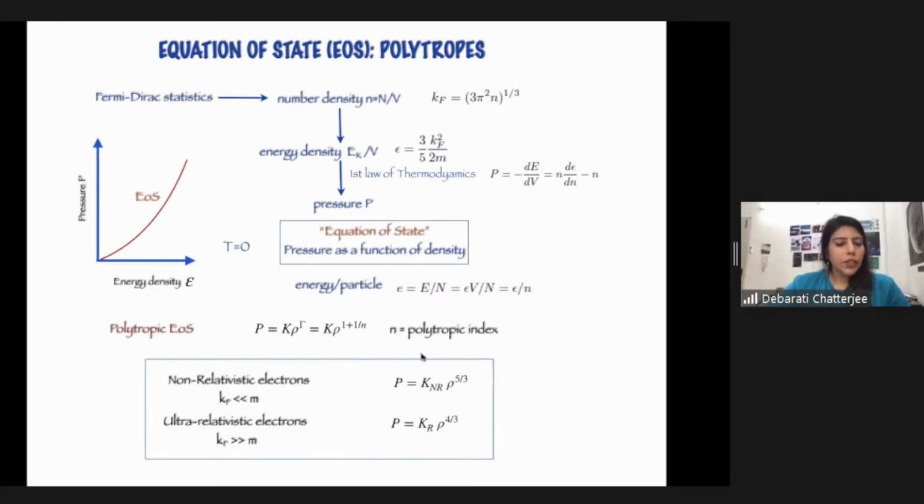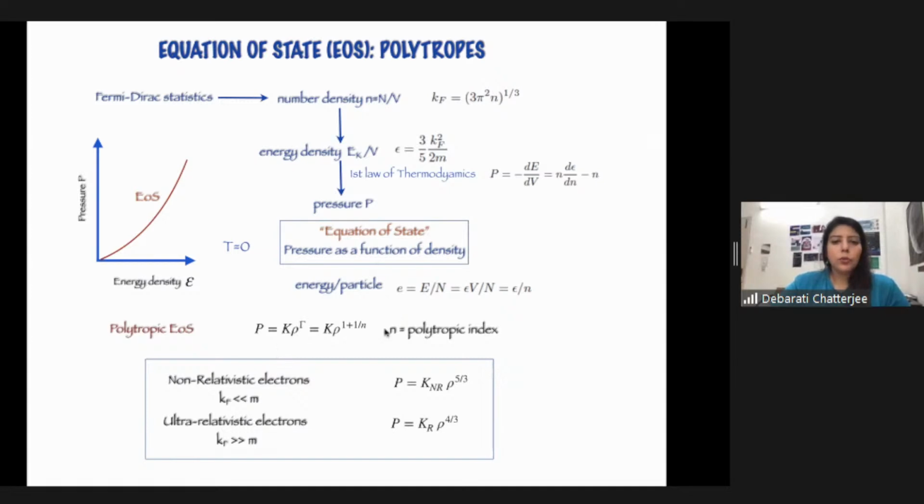One specific example of this equation of state, which is very commonly used in compact star physics, for neutron stars and white dwarfs, is called a polytropic equation of state. What does it mean? It means that the pressure and density, we can describe in a very simple form. And what simple form? This is a constant times density raised to the power of gamma, so raised to the power of an index.